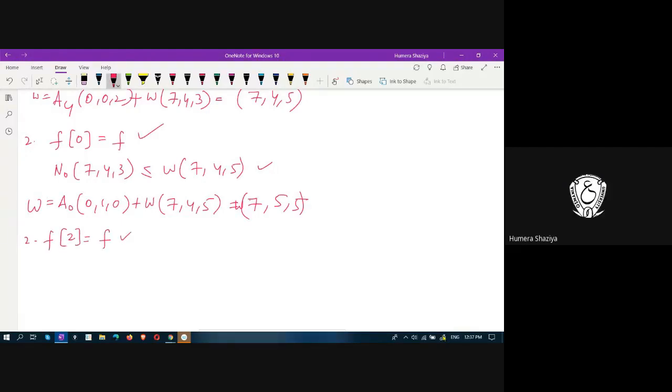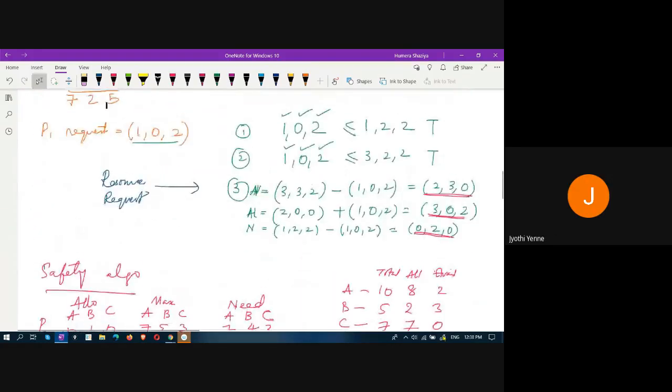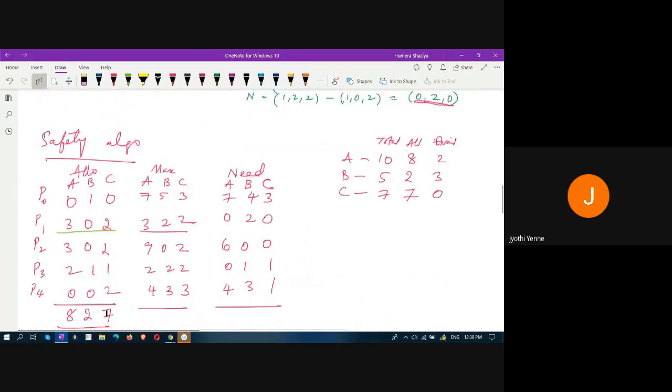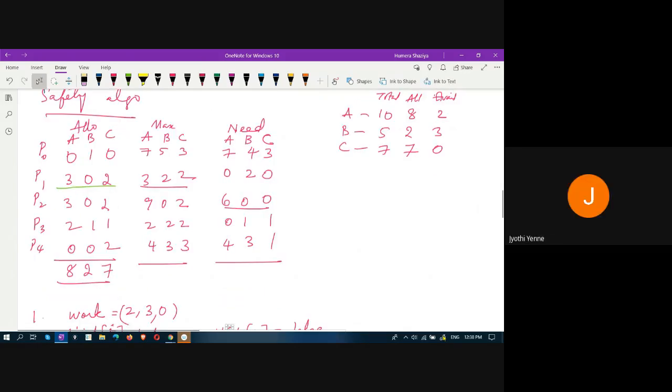Yes. And what is the need of 2? Need of P2 is 6 0 0, and allocated is 3 0 2.